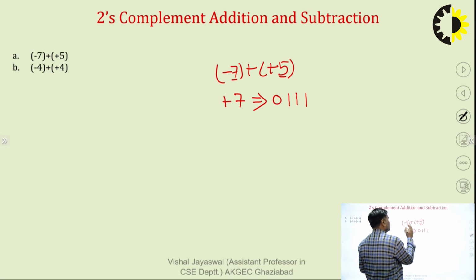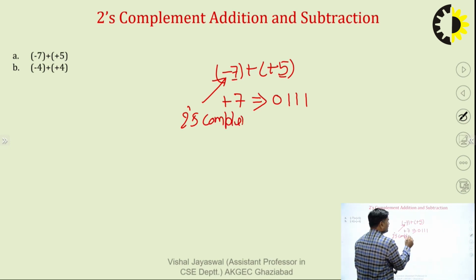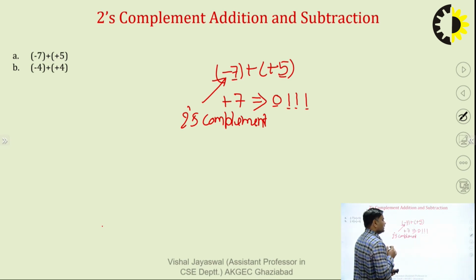And if we want to add these numbers, we have to take the 2's complement form of minus 7. First we take the 2's complement form of minus 7, then we add to the plus 5. For this, first we write the plus 7, that is 0 1 1 1. Then we take the 2's complement of this binary number.